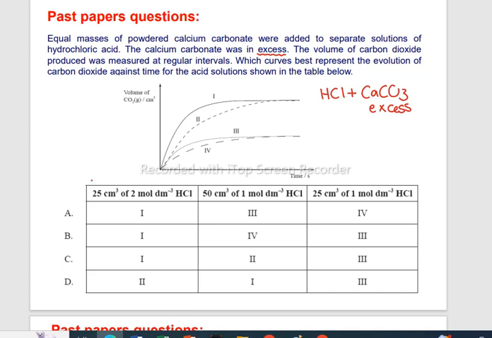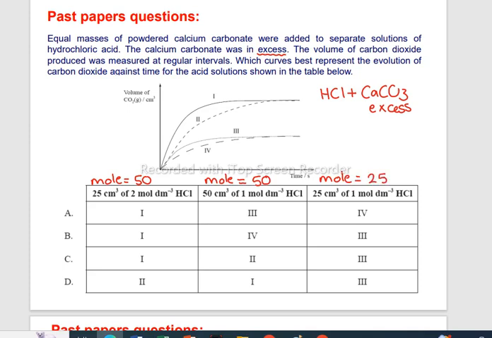The first thing, I'm going to calculate the mole number of each experiment. So for the first, it's concentration times volume. I can directly take the volume as cubic centimeter for the comparison, no need to convert. So it will be 25 multiplied by 2, which is equal to 50. I will also calculate the mole number for the second, which is also 50. And finally, for the last one, which is 25.